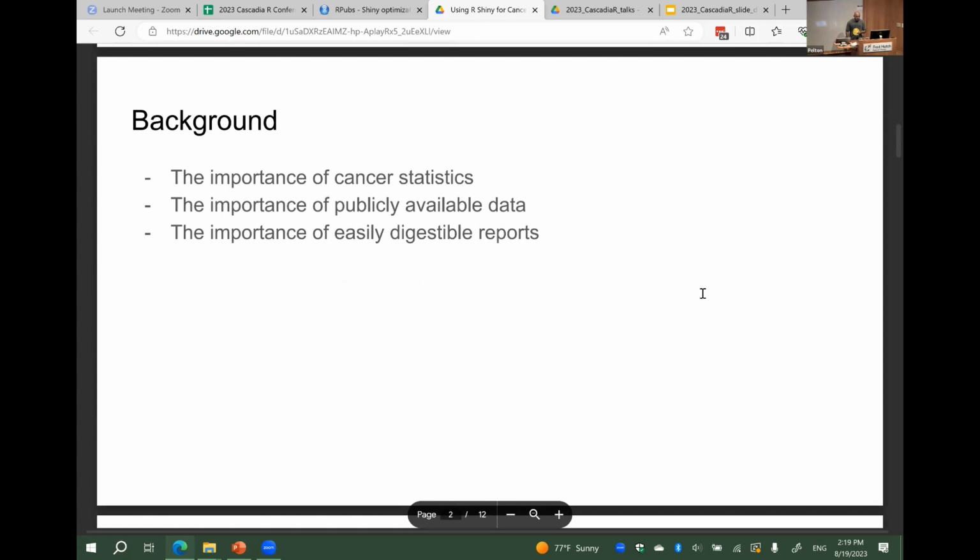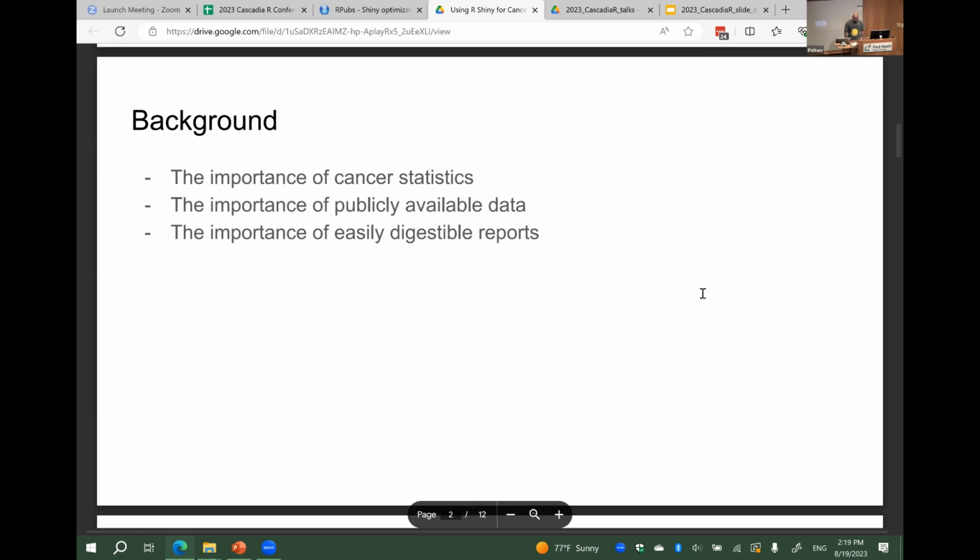It doesn't only have to be the number of cancer cases, but also cancer mortality, the treatment wait times, and how everything is going. It's really important, especially in a publicly funded health system such as we have in Canada. So it's our responsibility to make this information publicly available.